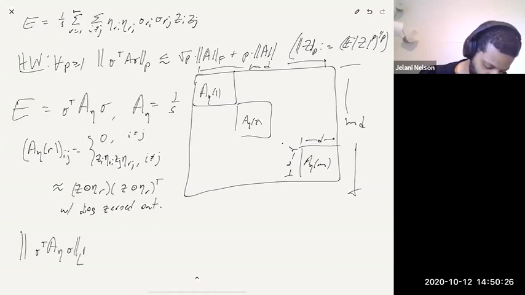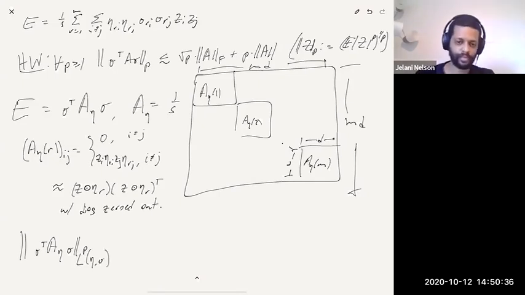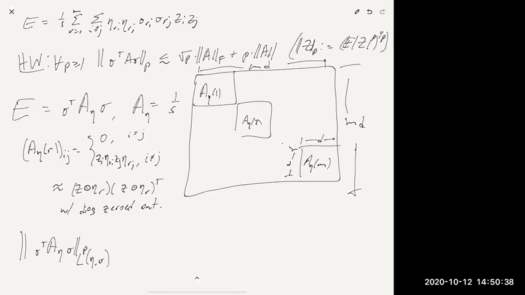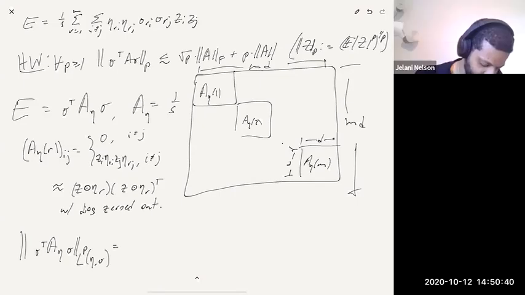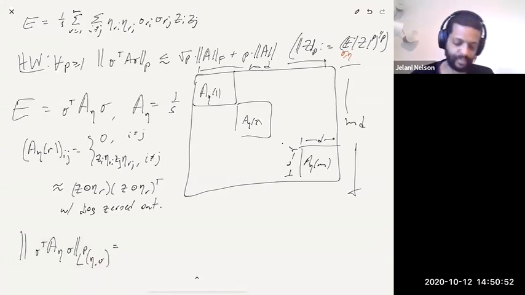Let me take the LP norm with respect to both, in other words, I'm taking the expectation with respect to both eta and sigma. Okay, so here in this definition, the top right, there are two sources of randomness. So I'm taking it over both sigma and eta.